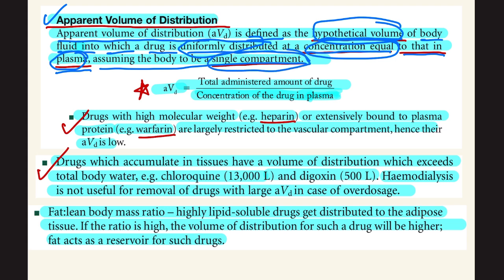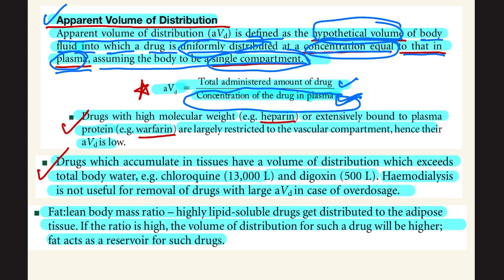The reason for having this apparent volume of distribution is that it is an imaginary volume. Whenever we actually measure the concentration of the drug, we can measure it from the plasma and some other fluids only, not from other organs like the heart or lungs. So when we get the concentration of the drug in the plasma, and we know the total amount of the drug also, when we divide these two entities, we will find an imaginary volume in which the drug would be distributed in the same concentration as was present in the plasma.